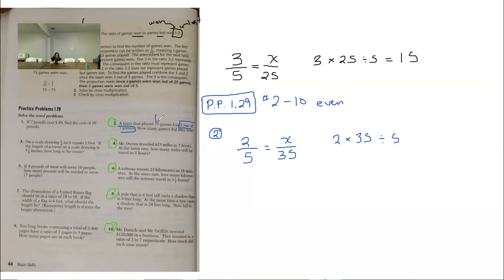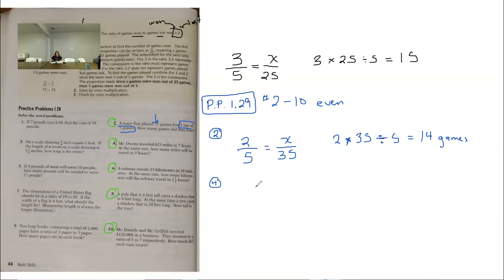Oh, no, this one's 35. Yes. And because it's a story problem, 14 what is our answer? Games. It's 14 games. And we know that these are the games that they lost. How many games did they lose? They lost 14. All right, drop down to number 4.